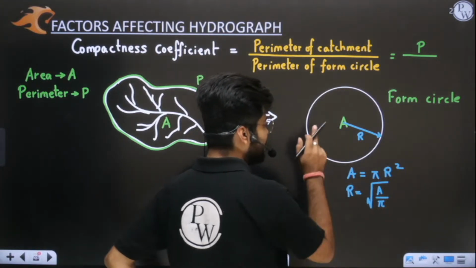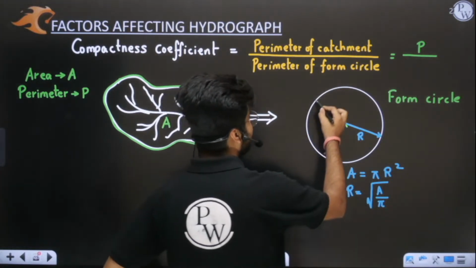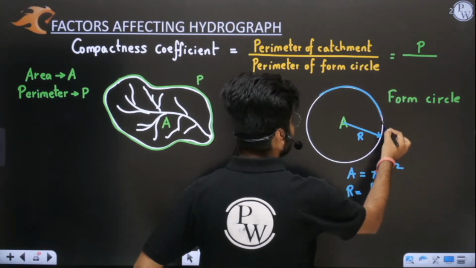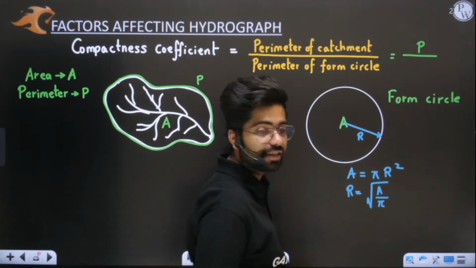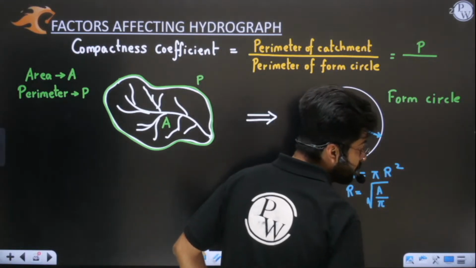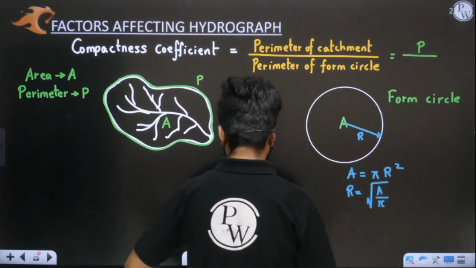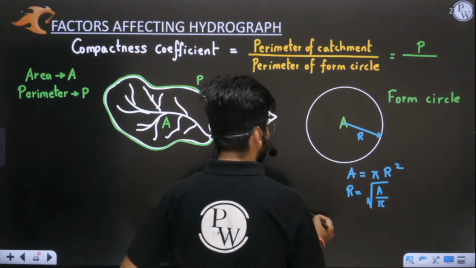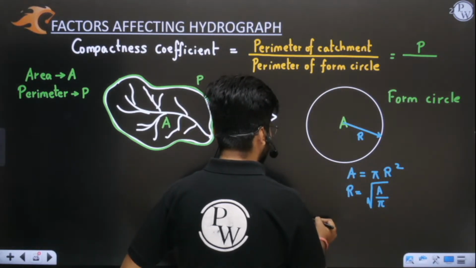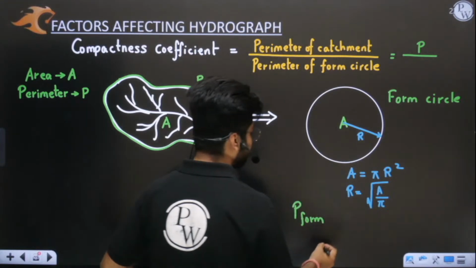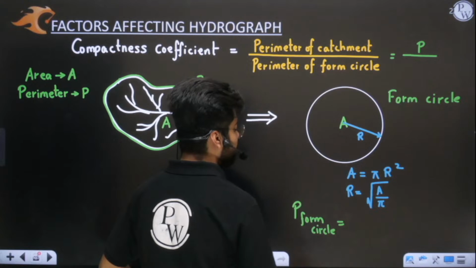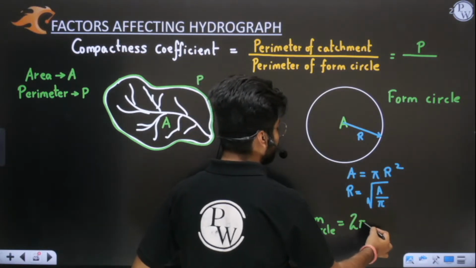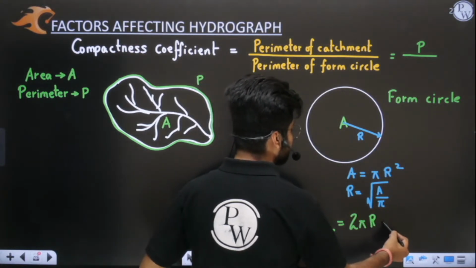Now this radius will help me in finding the perimeter. The perimeter of the formed circle will be 2 pi r. You know all these basic things.